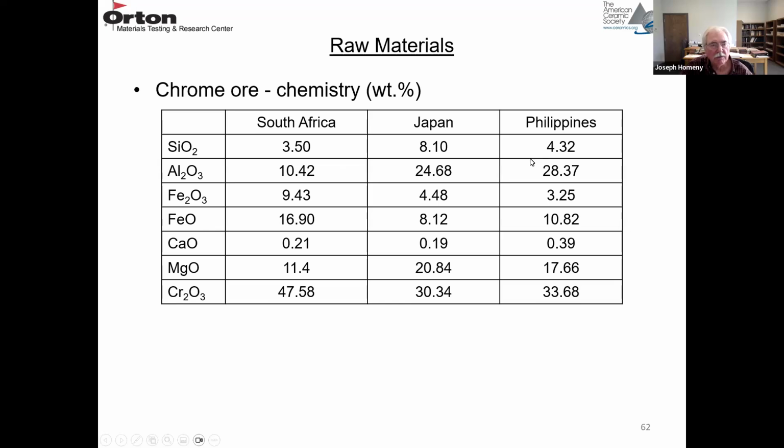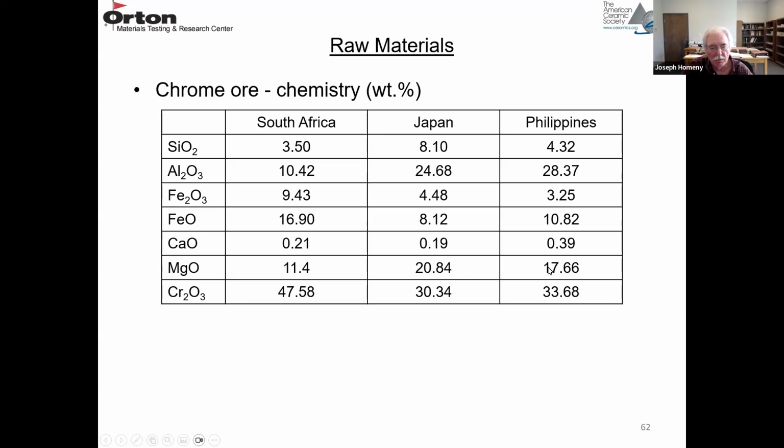So here are 3 different chrome ores, one from South Africa, one from Japan, and one from the Philippines. And you can see the chrome content. This one's pretty high, 47%. These two are around 30 and 33%. So chrome oxide is less than 50% of this material.